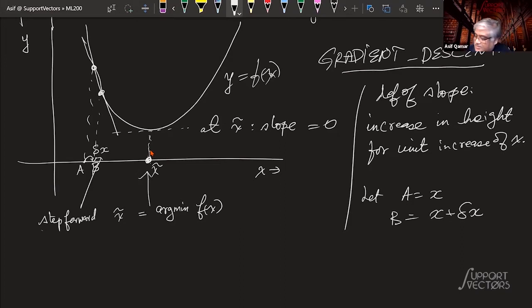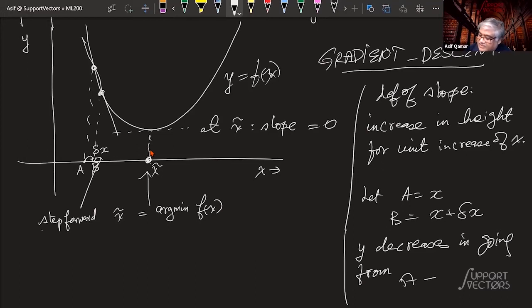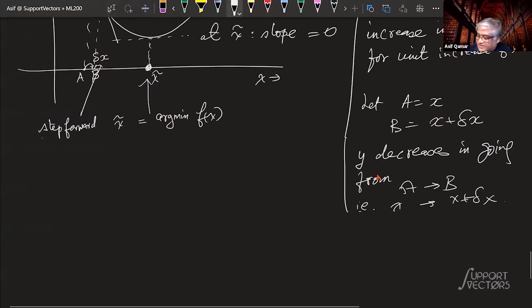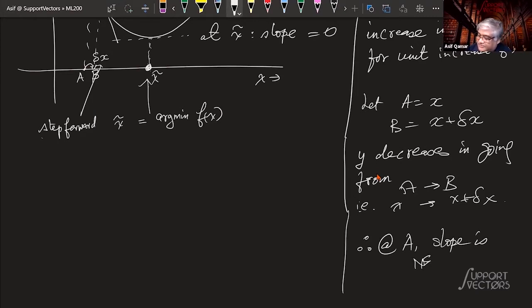So y decreases in going from A to B, i.e. from x to x plus delta x. The conclusion is that at A, slope is negative.